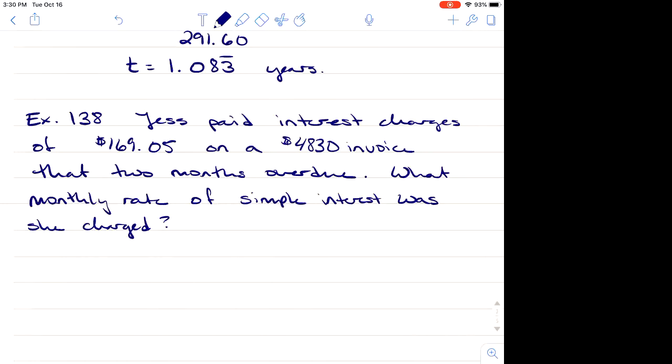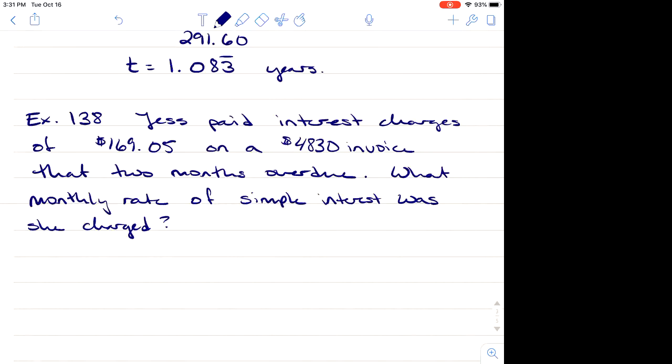Okay. So she got an invoice, $4,830. If she paid it today, that's all she would owe. But she let it sit there for 2 months, and so they billed her again with an interest charge of $169.05.